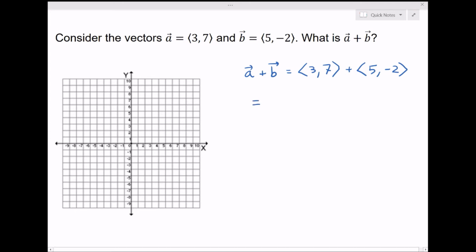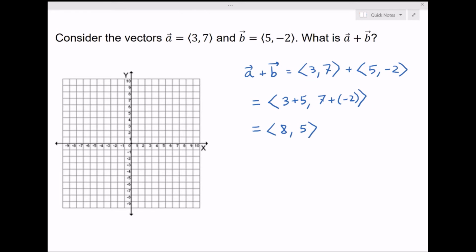The horizontal component of the first vector is 3, the second vector is 5. So the total result is a horizontal component of 3 plus 5. And then the vertical component, first vector is 7 plus the second vector, and of course, as always, be careful of negative numbers, so plus negative 2. So the total result is 3 plus 5 is 8, and 7 plus negative 2 is 5.